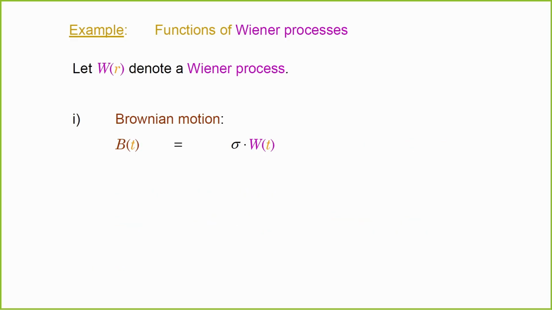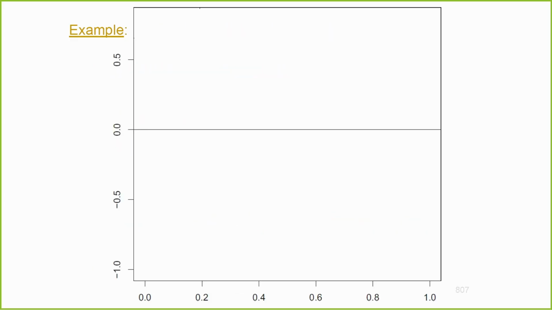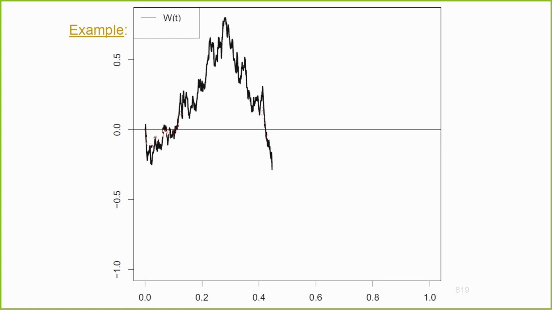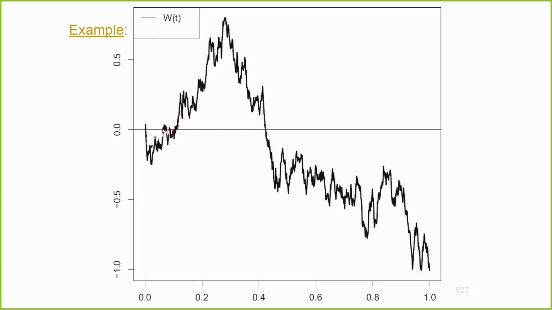Now, I want to look at the paths of the processes. First off, I'm going to look at some paths of a Wiener process which are simulated accordingly, which is not actually the Wiener process. This is just an abstraction, by the way, because based on Donsker's theorem, that will be just a limiting process with a limiting distribution, but in comparison it should be fine. And then I'm going to add the Brownian motion to it, where I will take the constant to be 0.5.